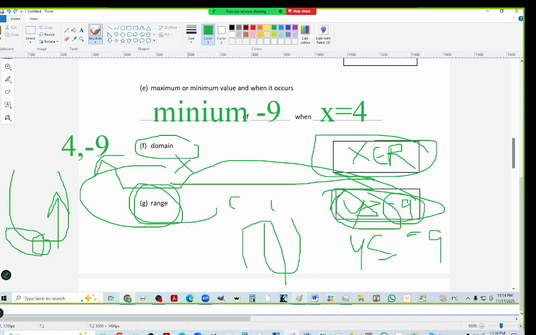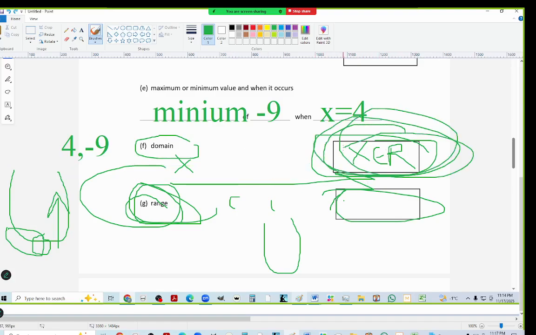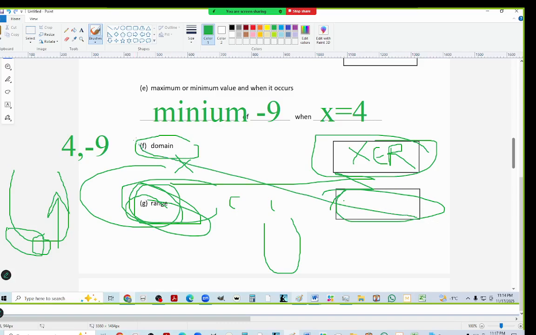Make sense? So I want you to remember that ranges are all the y values that are possible on the graph, and domains are all the x values that are possible. Also, all parabolas, except real life questions, which he hasn't included here, always have x as all real numbers, and the range is always based on the y value of the vertex. Good?